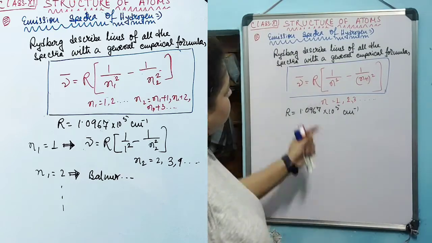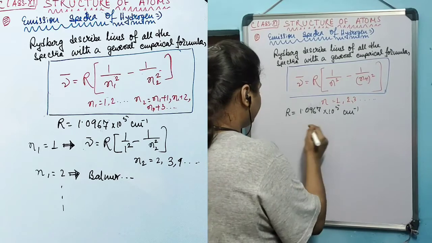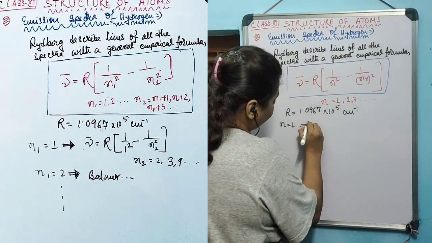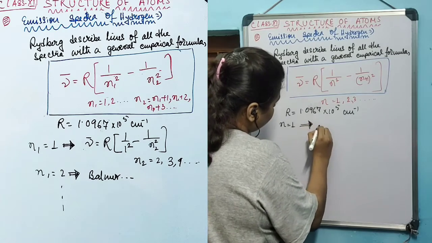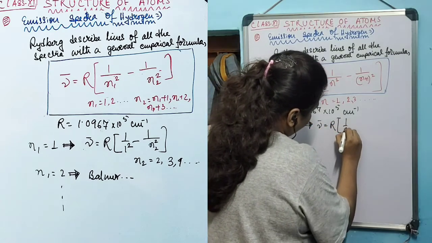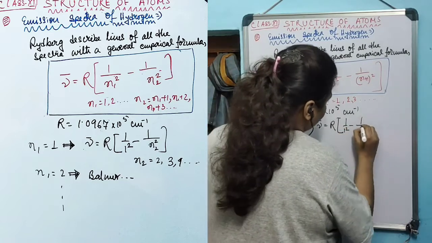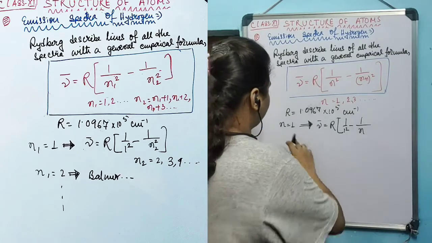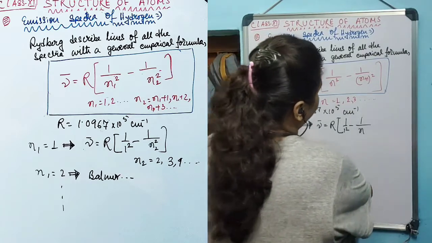Now for the individual lines, if we take n equals 1, then this equation will become nu bar equals R times (1 by 1 square minus 1 by (1 plus 1) whole square), in the place of n we are taking 1.